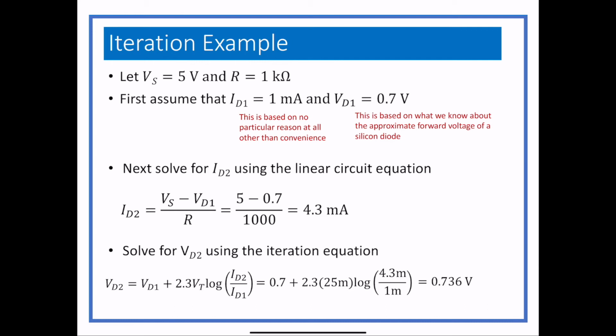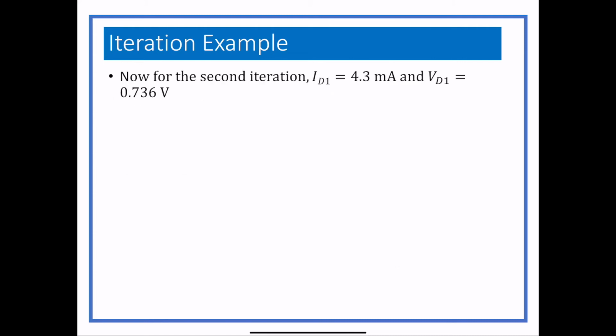And now we take those values, ID2 and VD2, and to do the second iteration, we make those ID1 and VD1. So we have ID1 is 4.3 milliamps, VD1 is 0.736 volts. And now we're going to solve for ID2 again, using the linear circuit equation and the new value of VD.